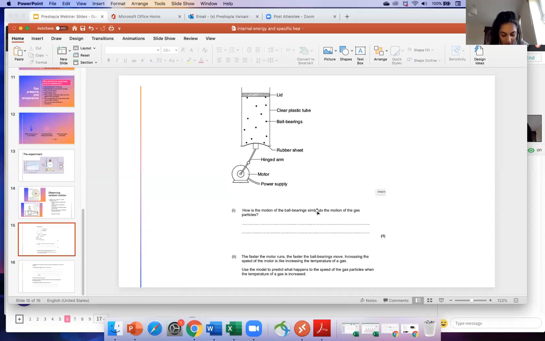Loads of you are getting the right answer, which is that the speed increases. And some of you have even gone as far as to say that the speed increasing is due to the increase in kinetic energy, which is really good. So kinetic energy.